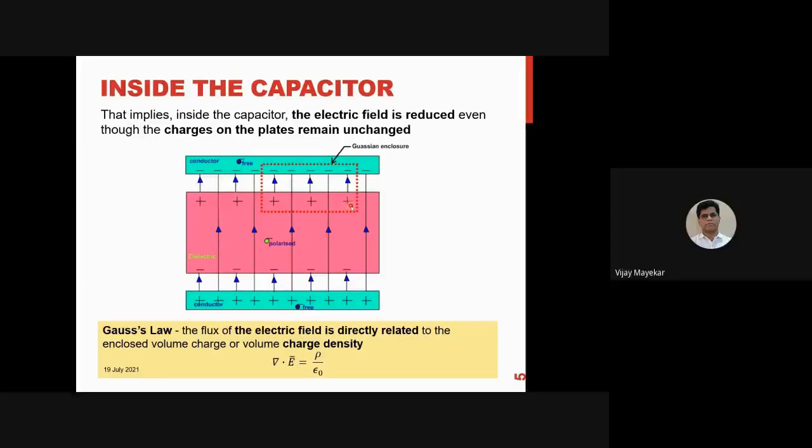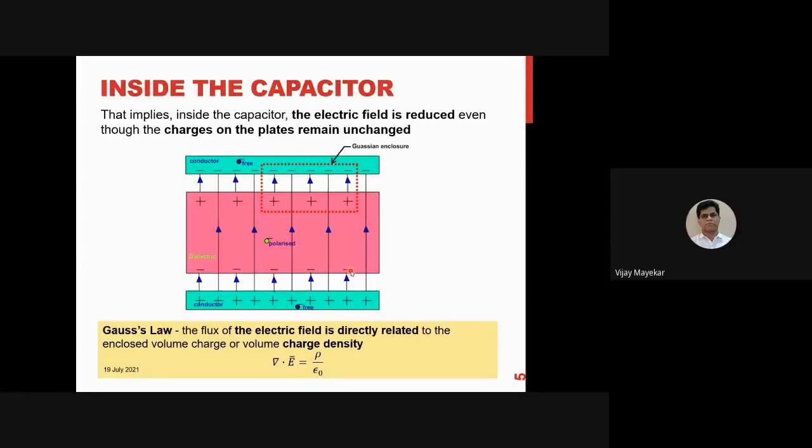So how does it happen? The positive end of the molecules or atoms involved gets slightly shifted in the direction of the negative charges. So here we get the positive end of the dielectric material. At the same time, by induction, when I go down, there is a negative end induced. Why is it so?